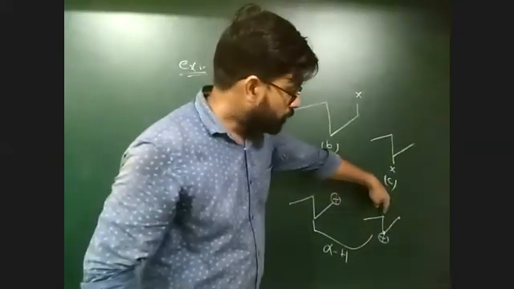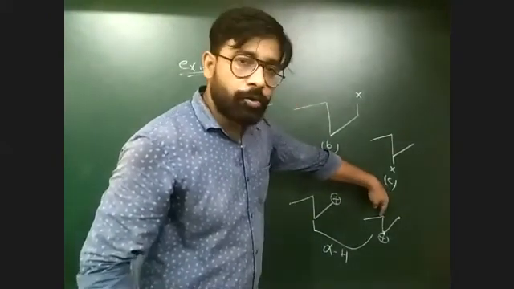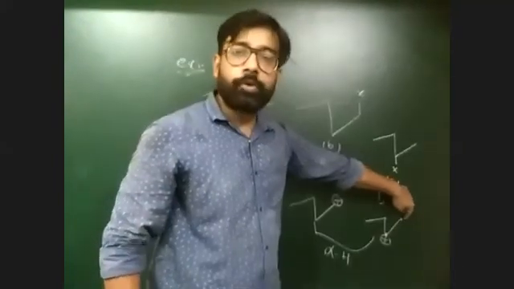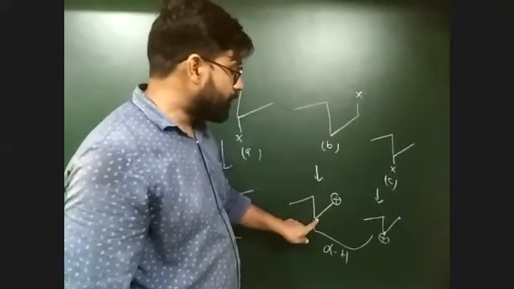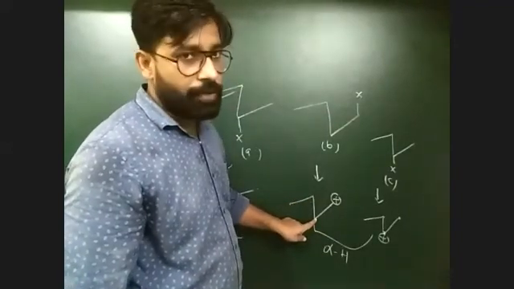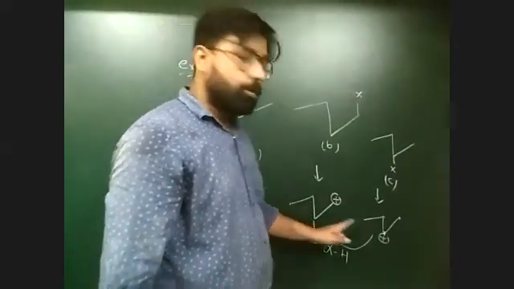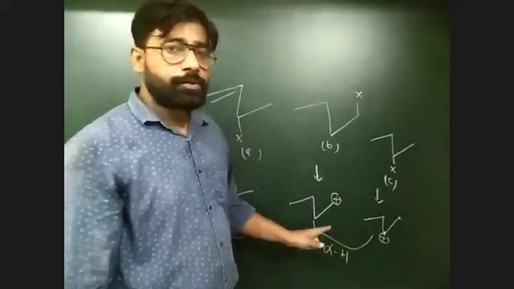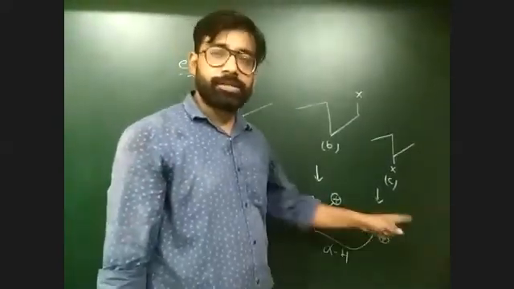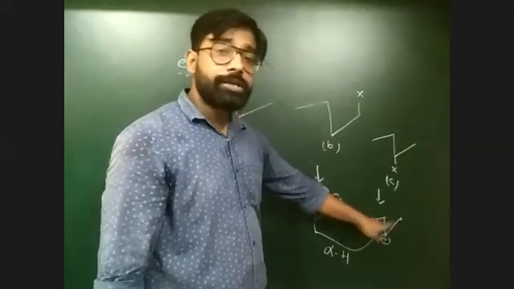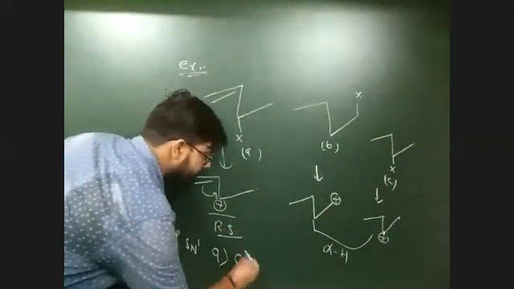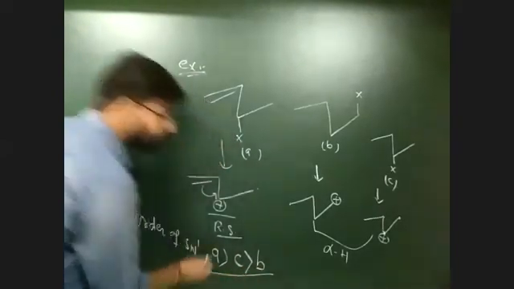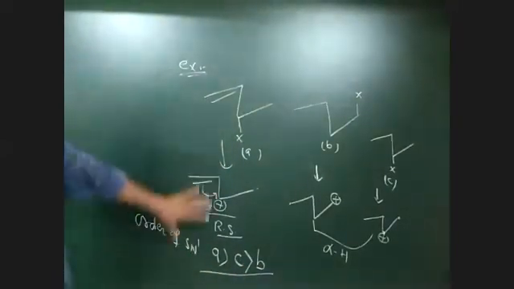So here two hydrogens and here three hydrogens, total 5 alpha hydrogens. But in the other case, there are only 2 alpha hydrogens. So we know about hyperconjugation: more alpha hydrogens, more stable. So C is more stable than B. So the order is A greater than C, C greater than B. This is the preferable order for SN1 reaction.